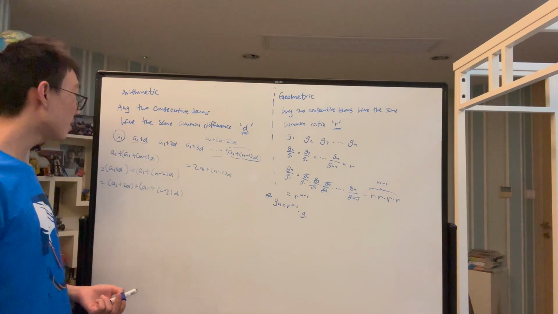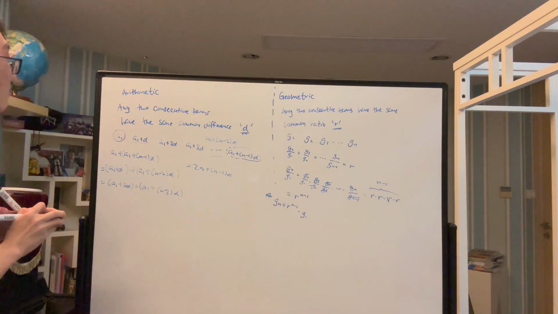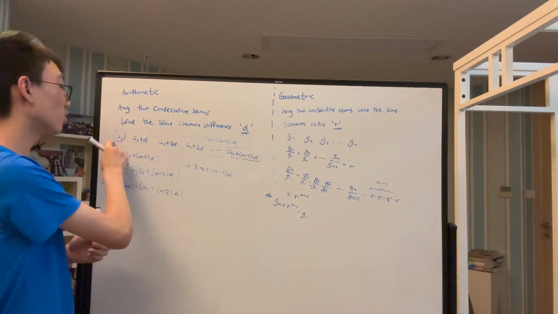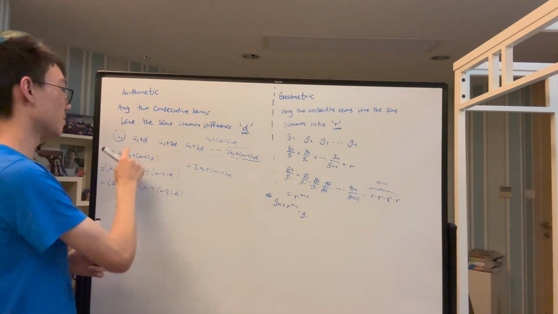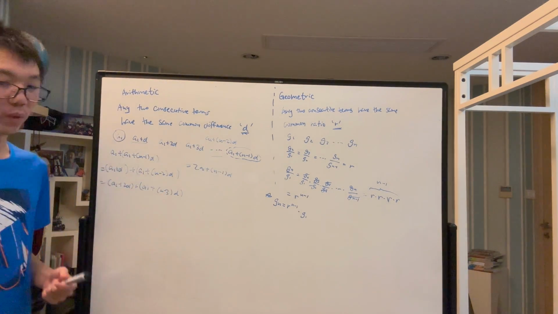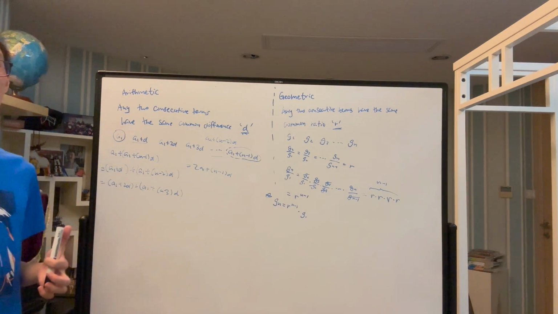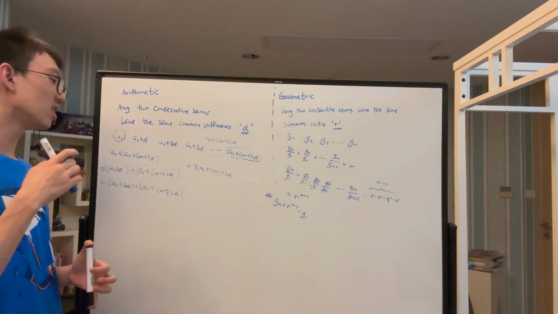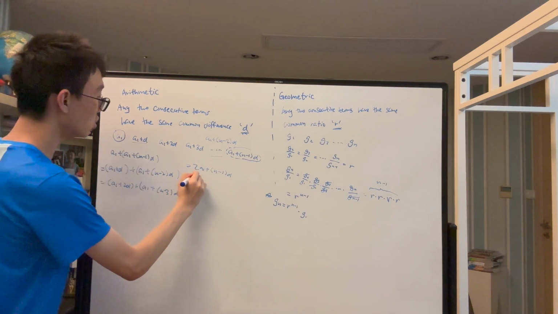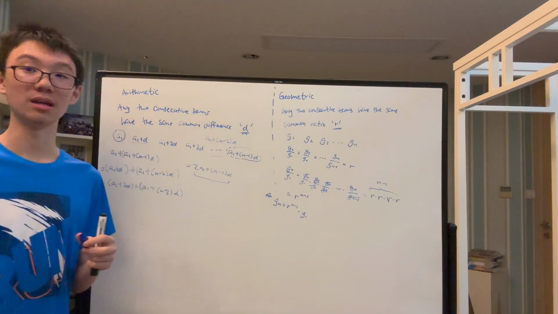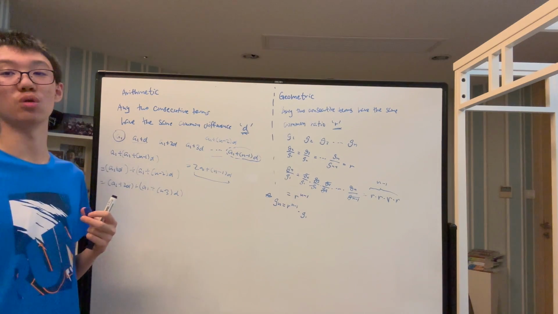Why can we do that? Because if we have a common value from adding the first and last terms, second and second to last terms, we can simply equate that to having each term be 2A1 plus n minus 1 D, but then simply divide by 2.